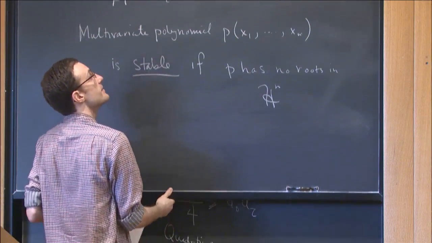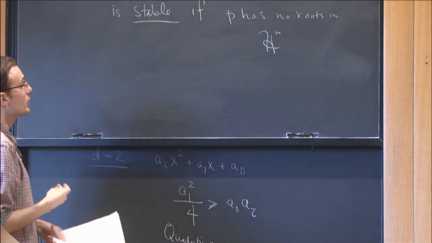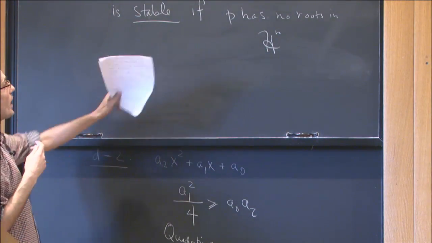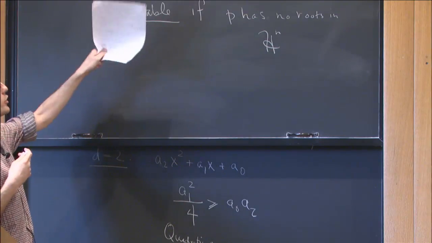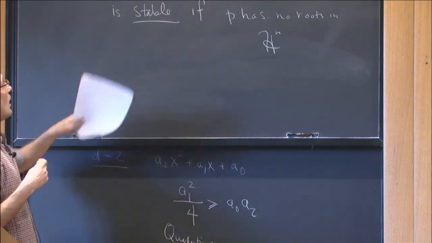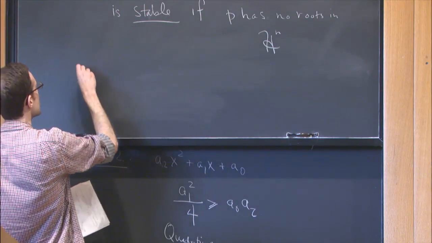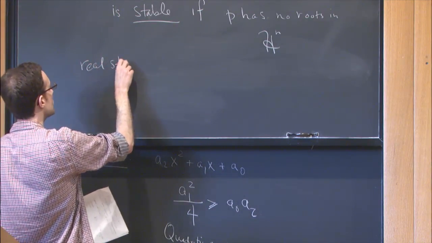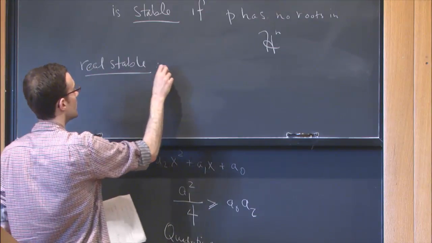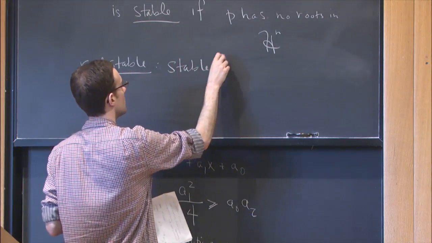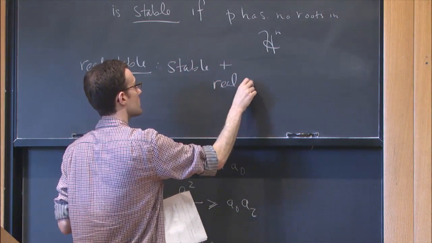Now, to see that this is an extension of real rootedness, when P is a univariate polynomial, remember that I should call this real stable: stable plus real coefficients.